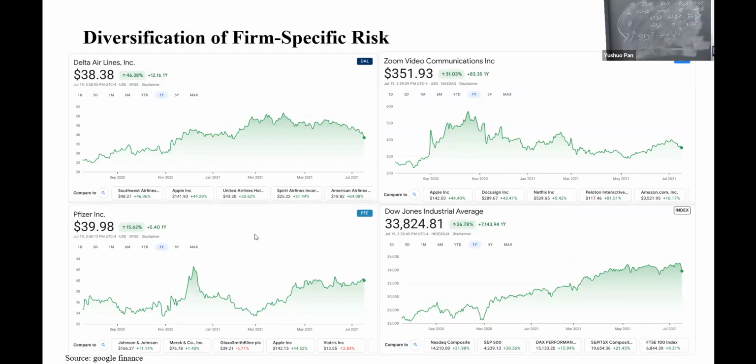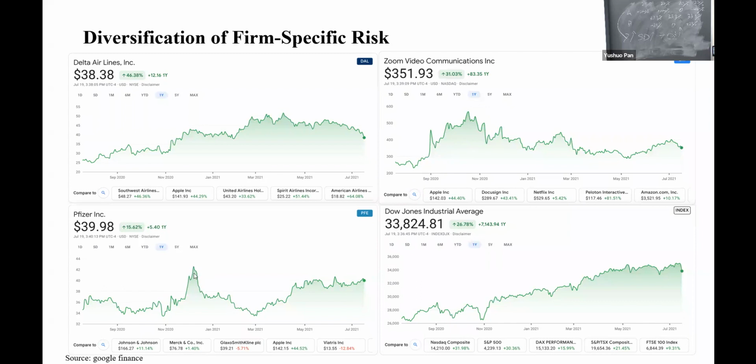That's called firm-specific risk. During the same period, some firms' returns could increase, but other firms' returns could decrease. And you can also see Zoom increased a lot at the beginning, the beginning period of the coronavirus.